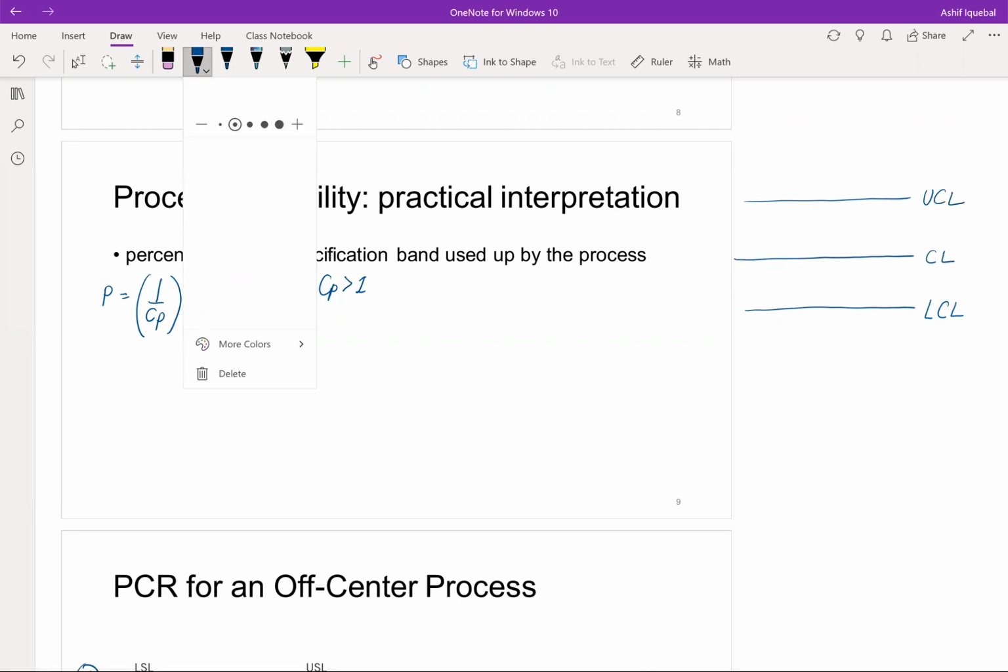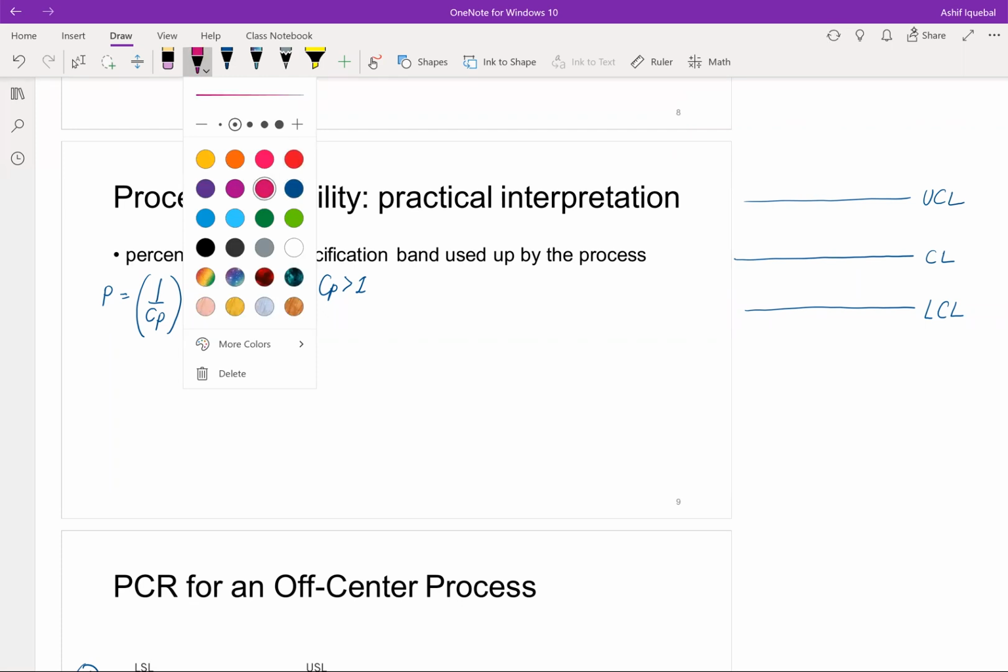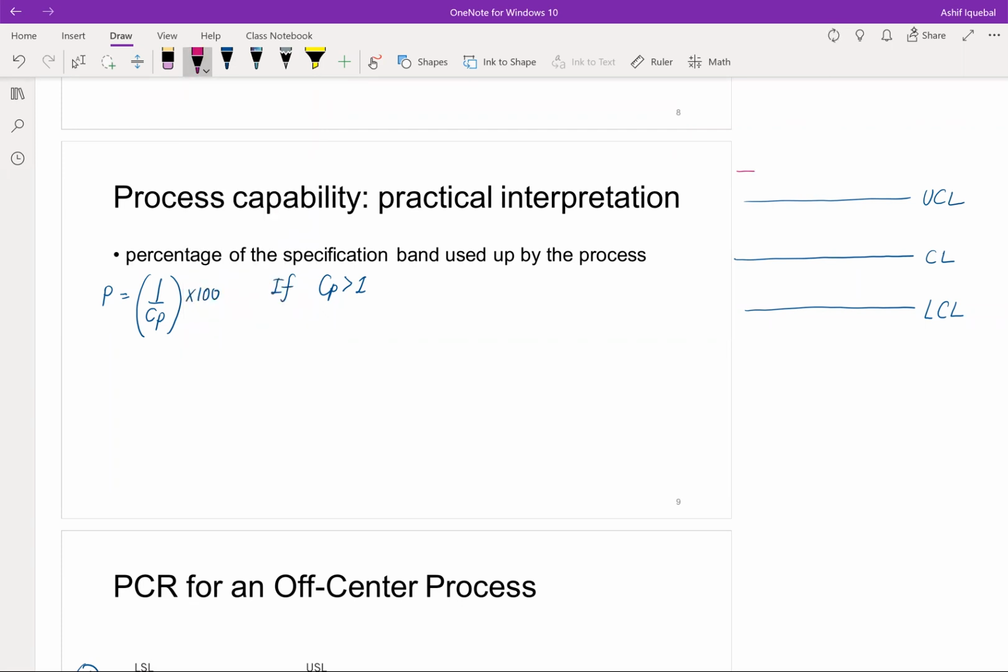If Cp is greater than 1, the specification limits are going to be outside our control limits, right? So when Cp is greater than 1, you will realize that P is less than 100. Does it make sense? You plug in the value of Cp and you will see that the value of P is less than 100.